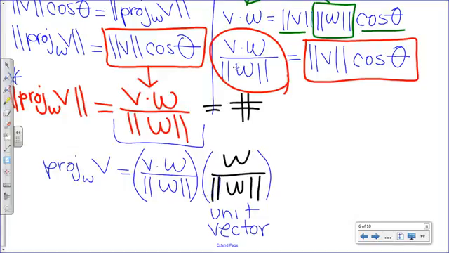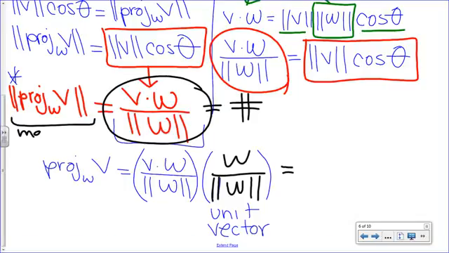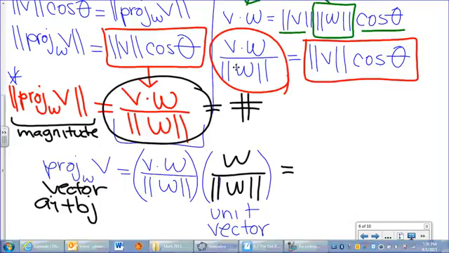Okay, and so the reason we do this is, remember, this was the formula to find the magnitude of the projection. This is the magnitude. And this is the actual vector, the one that will be given in terms of i and j. So we have to multiply by the unit vector. And if we do that, we're going to end up with a formula that looks like what I'm going to write down.